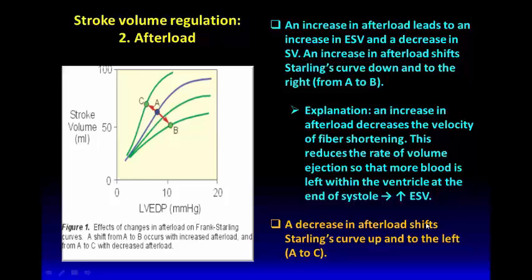On the other hand, a decrease in the afterload shifts Starling's curve up and to the left from A to C. So now at the same preload, a left ventricle with a reduced afterload would eject more stroke volume than the same left ventricle with a normal afterload.